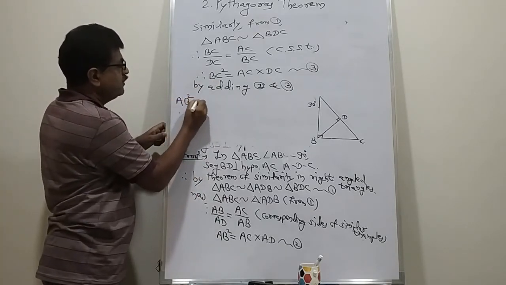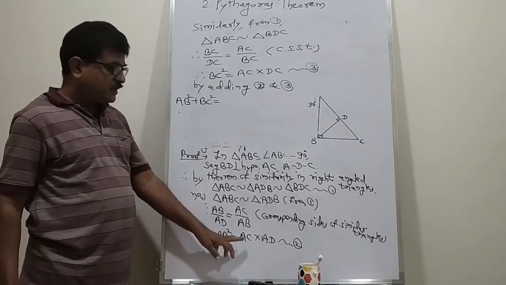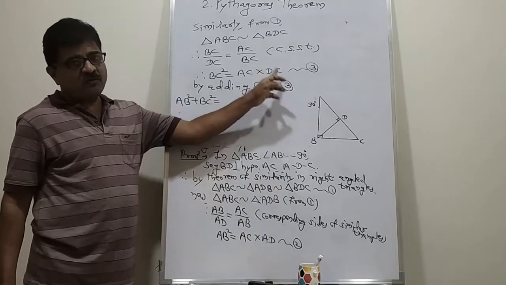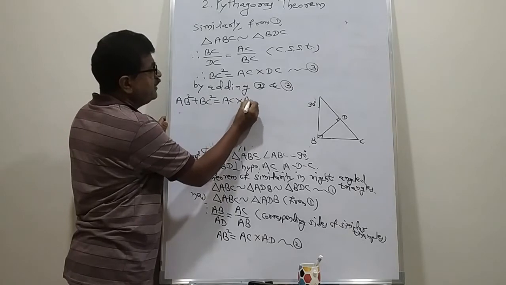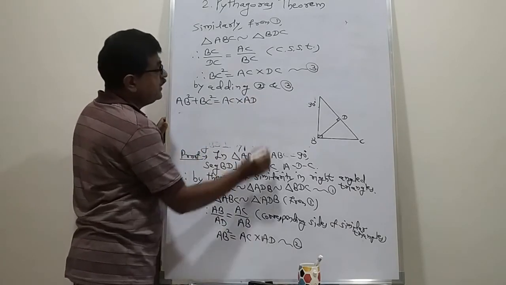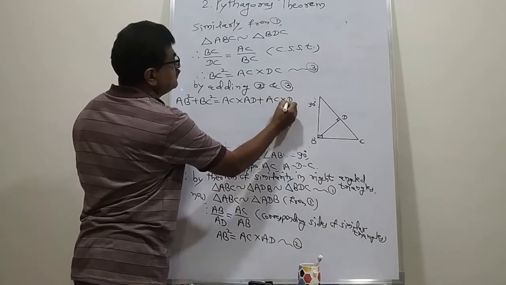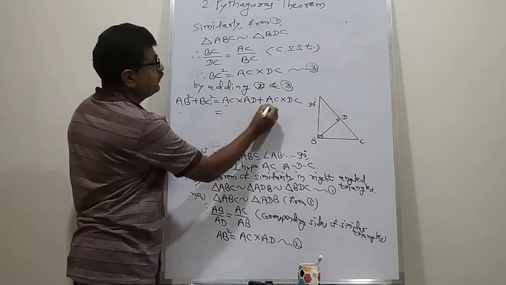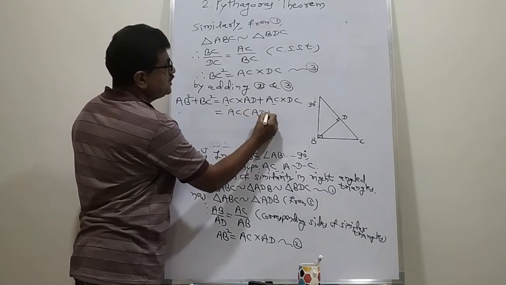AB square plus BC square is equal to, now right hand side is AC into AD plus AC into DC. From this, taking AC common, AC into bracket AD plus DC.